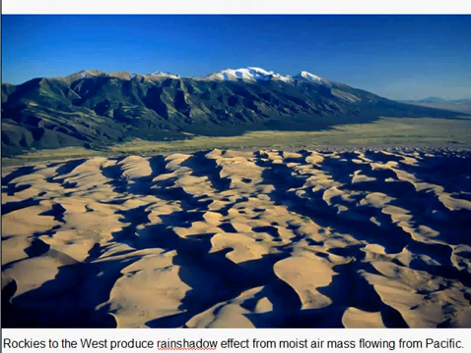Next, the next physical reason is the rain shadow created by the Rocky Mountains. The Rocky Mountains are visible here along the horizon, and they have the effect of barring the passage of moist air from the Pacific Ocean containing moisture.